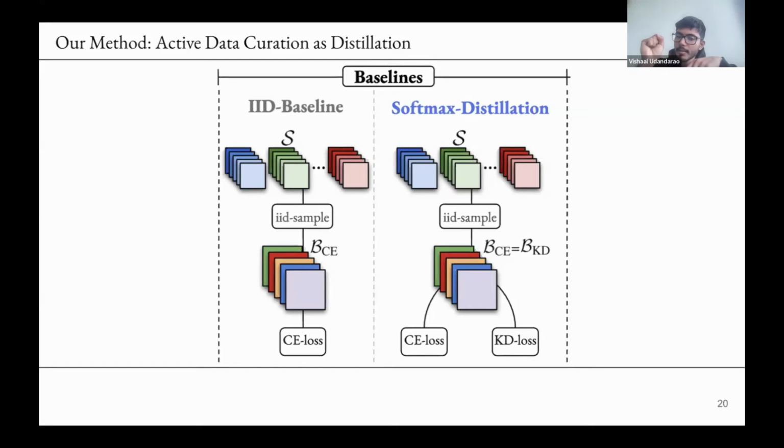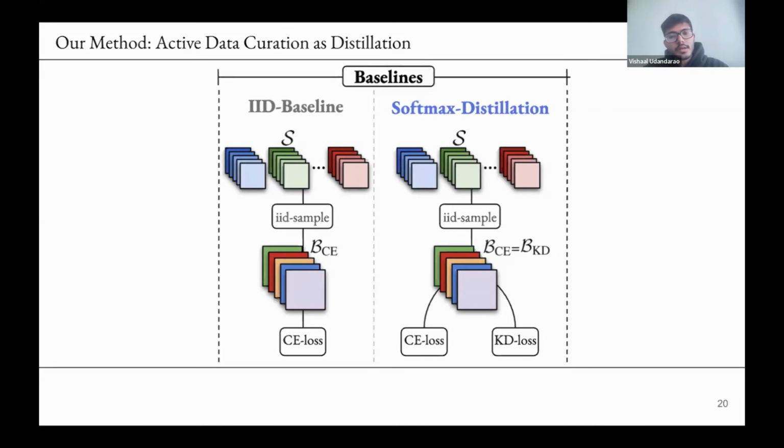You simply again IID sample, and now this batch of data is fed into both a contrastive loss piece as well as a KD loss piece, where the KD loss takes in the teacher as well. So you would get logits from the teacher as well as the student in the KD piece, optimize that loss, and in the contrastive loss, you would just have the standard contrastive loss from the student. So this is the general set of baselines one would think of. This is what you would generally do if you were given this problem.